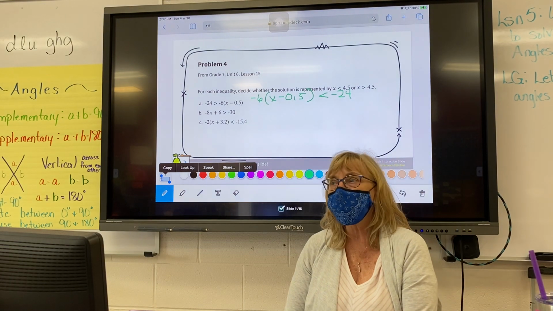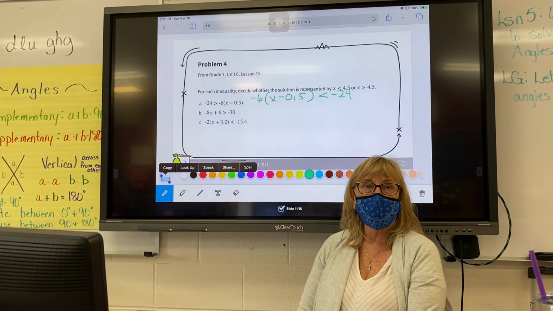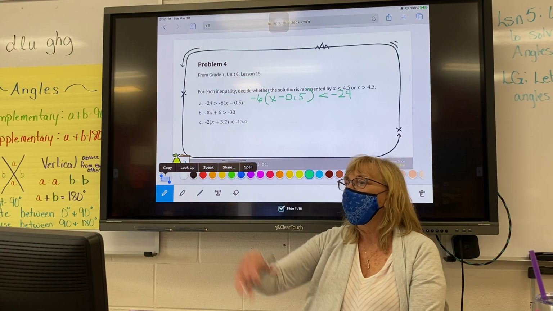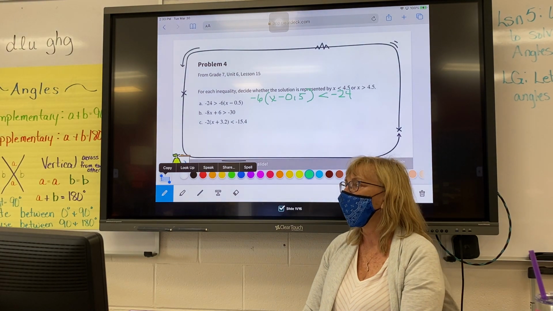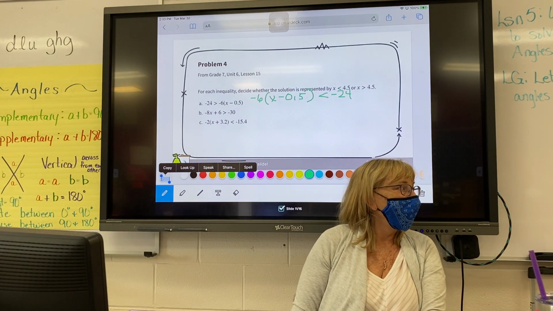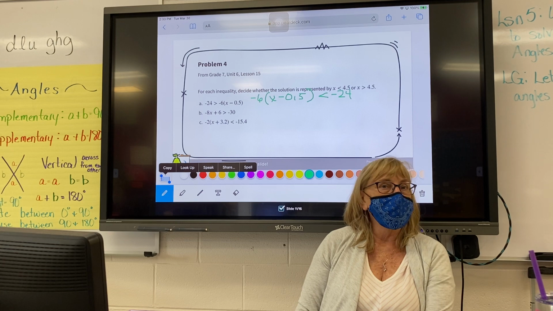Notice I had to flip the sign because I flipped the equation. Makes sense? I'm going to tell you that all of these equal 4.5 when you do it as an equation. All we're deciding is, is the sign going to stay the same or is it going to flip?